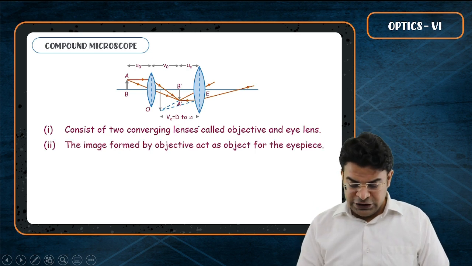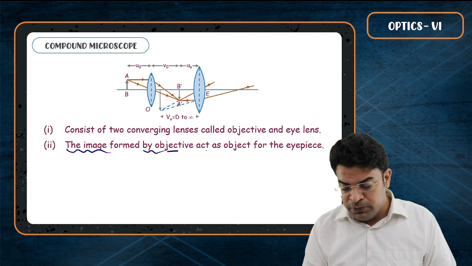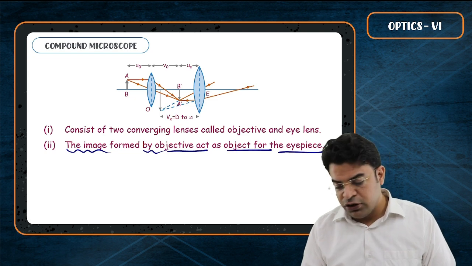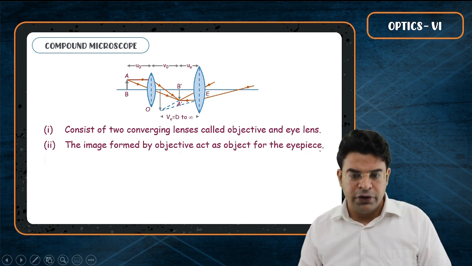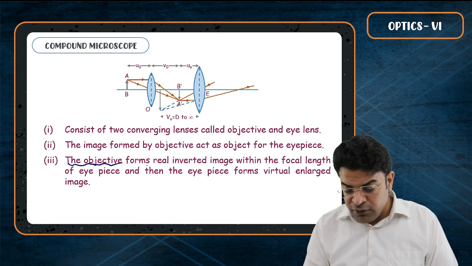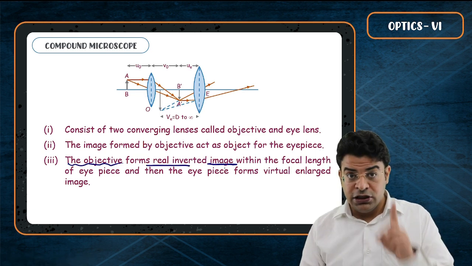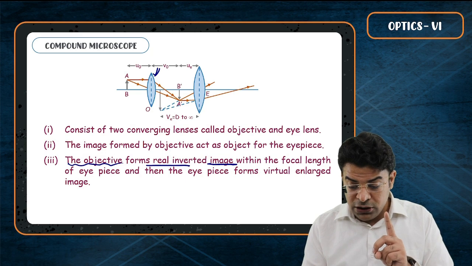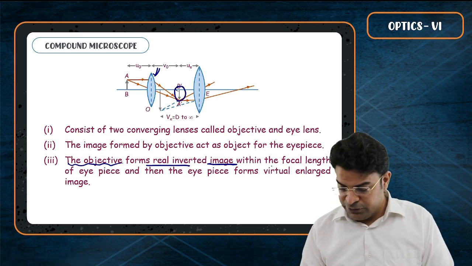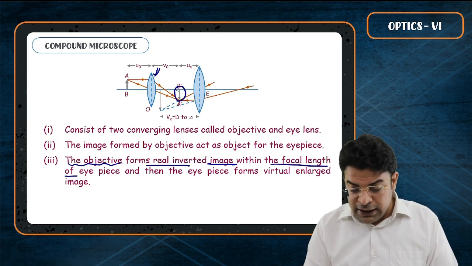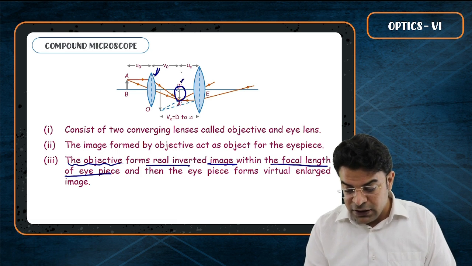Now some points here. The image formed by the objective acts as the object for the eyepiece. Very obvious, sir. Next, beta. The objective forms a real inverted image within the focal length of the eyepiece, such that this image lies within the focal length of the eyepiece.